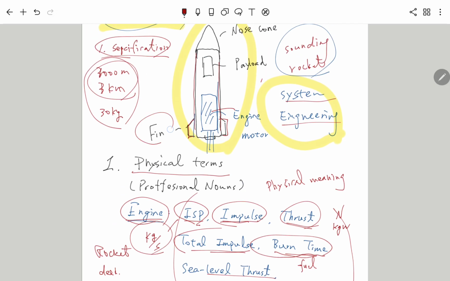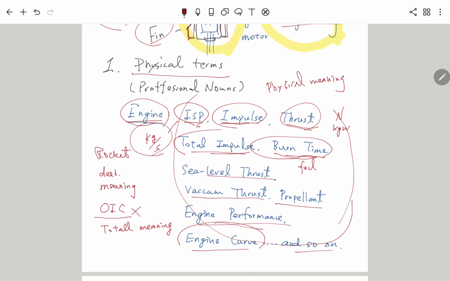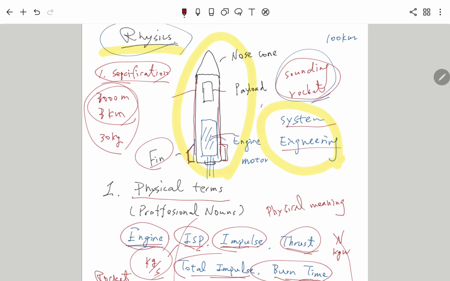Don't forget we have fins, we have structures, we have the nose cone. Well, I don't mention the payload here because it depends on what kind of scientific research you want to do in a sounding rocket. But we have a parachute if you want to recover your experiment result. All right, or avionics communication system. Okay.